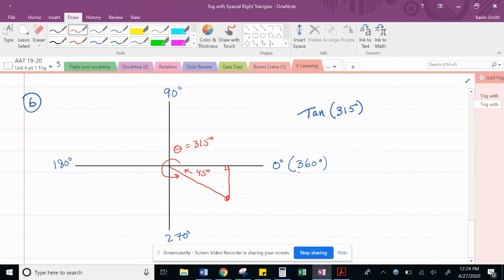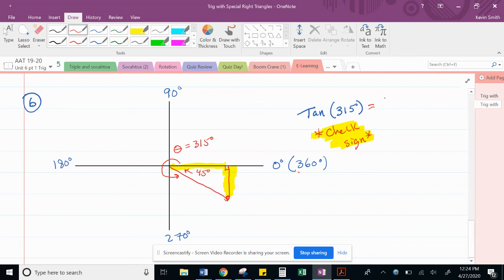Now we're going to find the tangent of 315. So first thing we need to check is our sign, right? Is tangent going to be positive or negative in the fourth quadrant? Well, tangent is y over x. We have a negative y and a positive x.